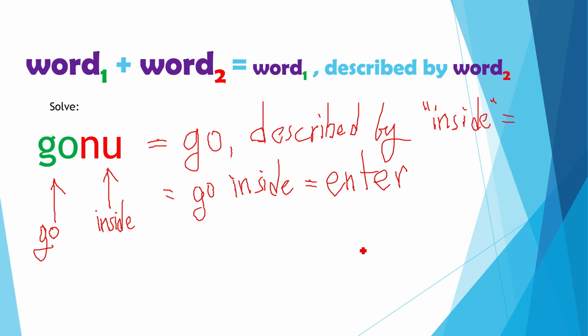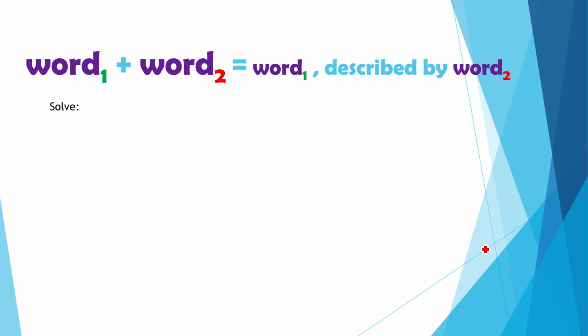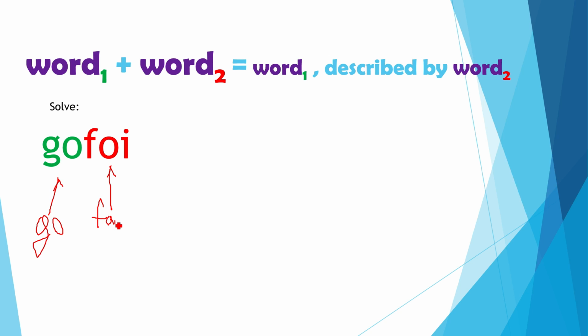So yeah, let's consider another example. Go foi. Okay, this is a really easy one. So again, go means go, and then foi means fast. So it equals go described by fast, right?